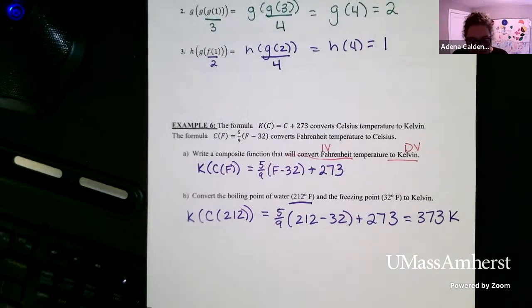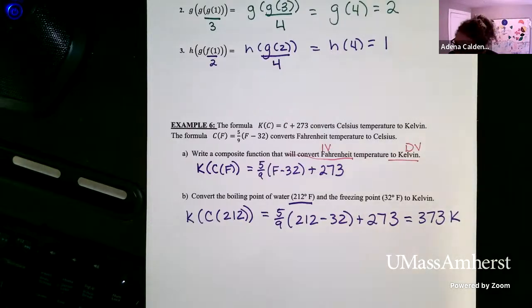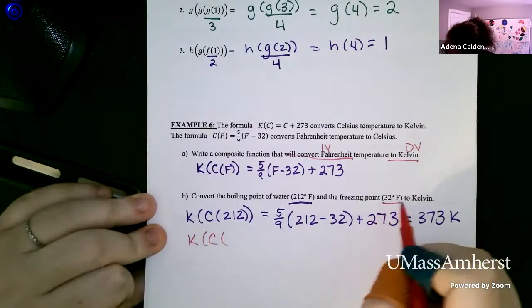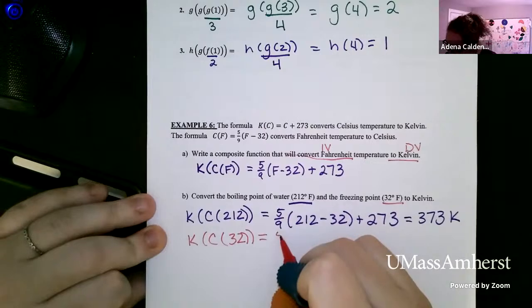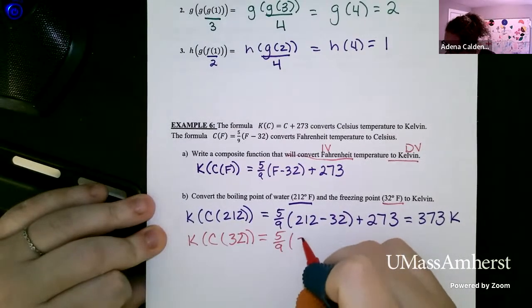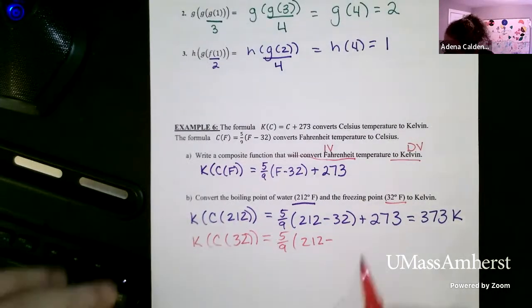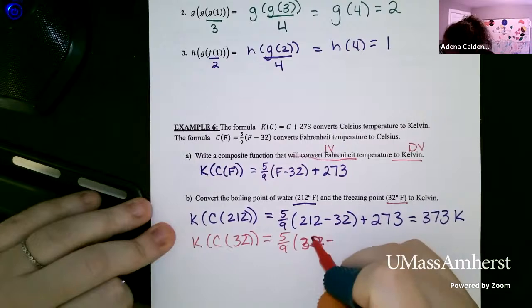Okay. Similarly, if we wanted to convert the freezing point of water, we're going to be plugging in 32 for F. So we have 5/9 times 32 minus 32 plus 273.